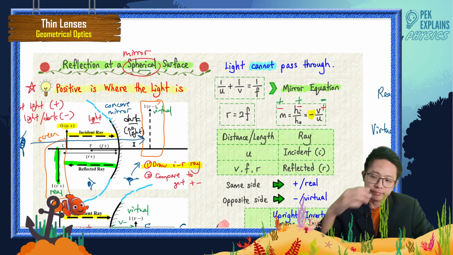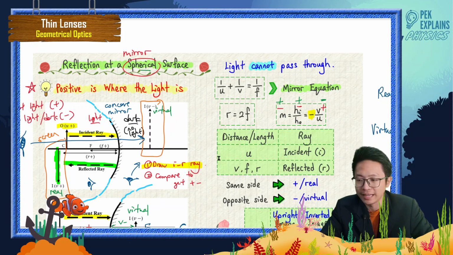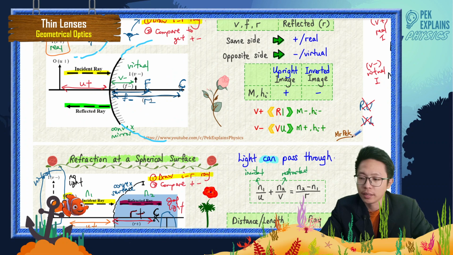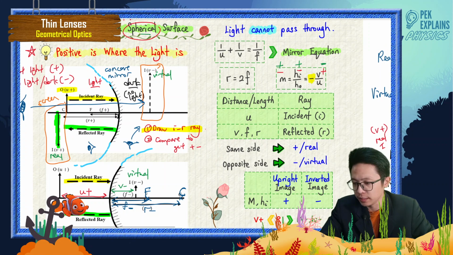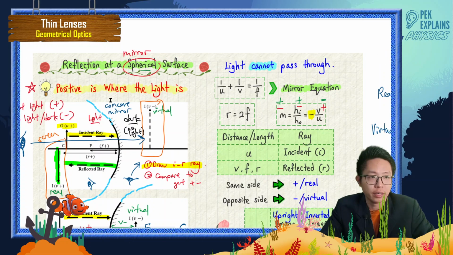So first of all, what's actually the difference between a mirror and a lens? The first difference is that a mirror only has one curved surface, and so it only has one radius.